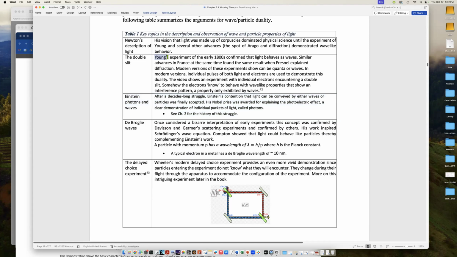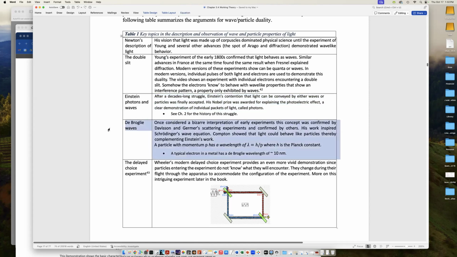Thomas Young's experiment in the early 1800s, 1808, showing the behavior of light passing through a double slit, showed wave-like behavior. And then there was a long period, essentially 100 years of confusion about how it is that light sometimes behaves like particles, sometimes like waves. Einstein, through his work and his philosophy, demonstrated repeatedly that light could behave in either way.